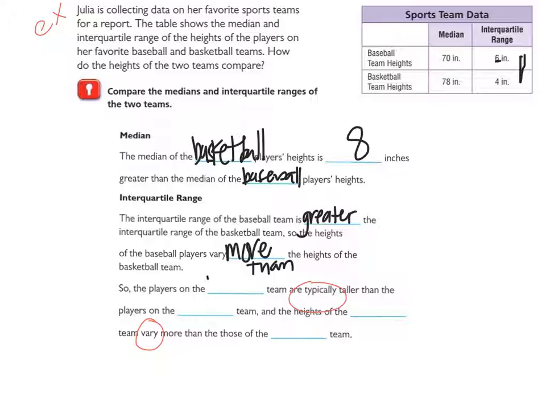The basketball team. So usually the basketball players are taller than the players on the baseball team. And the heights of the baseball team vary or are more different than those of the basketball team.